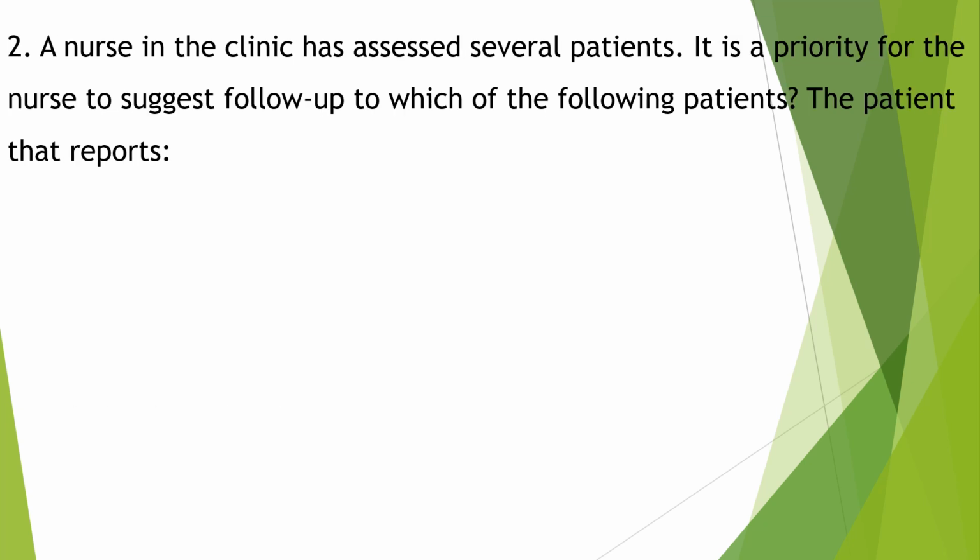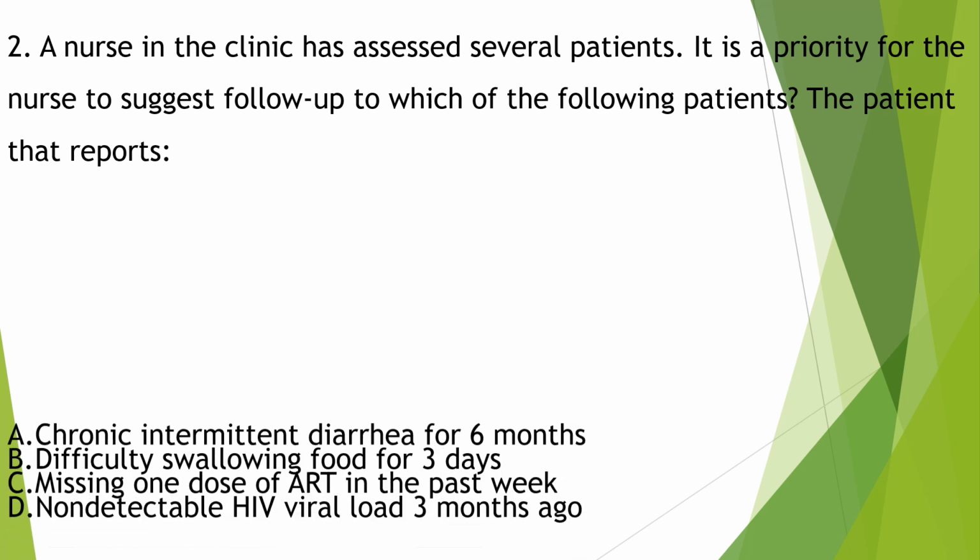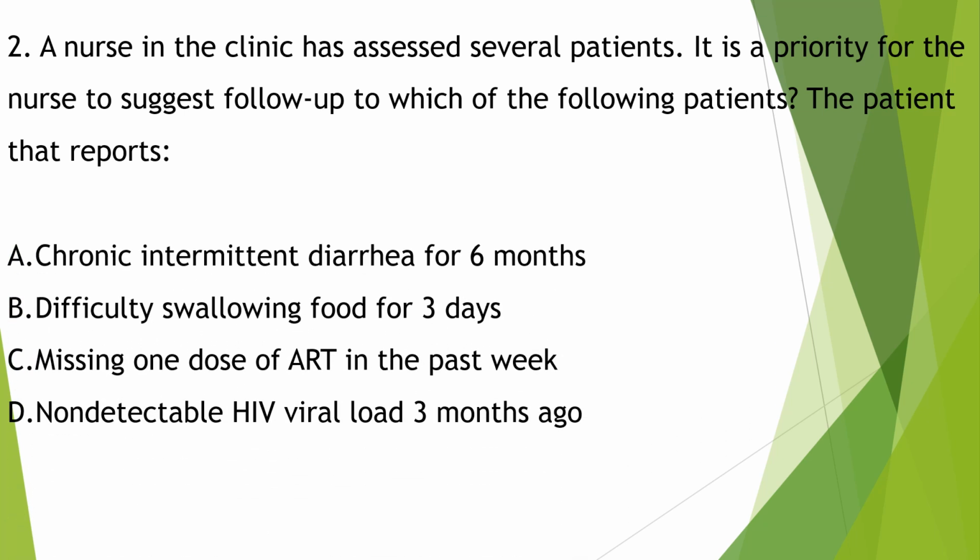A nurse in the clinic has assessed several patients. It's a priority for the nurse to suggest follow-up for which of the following patients? The patient that reports chronic intermittent diarrhea for 6 months, difficulty swallowing food for 3 days, missing one dose of ART in the past week, non-detectable HIV viral load 3 months ago.